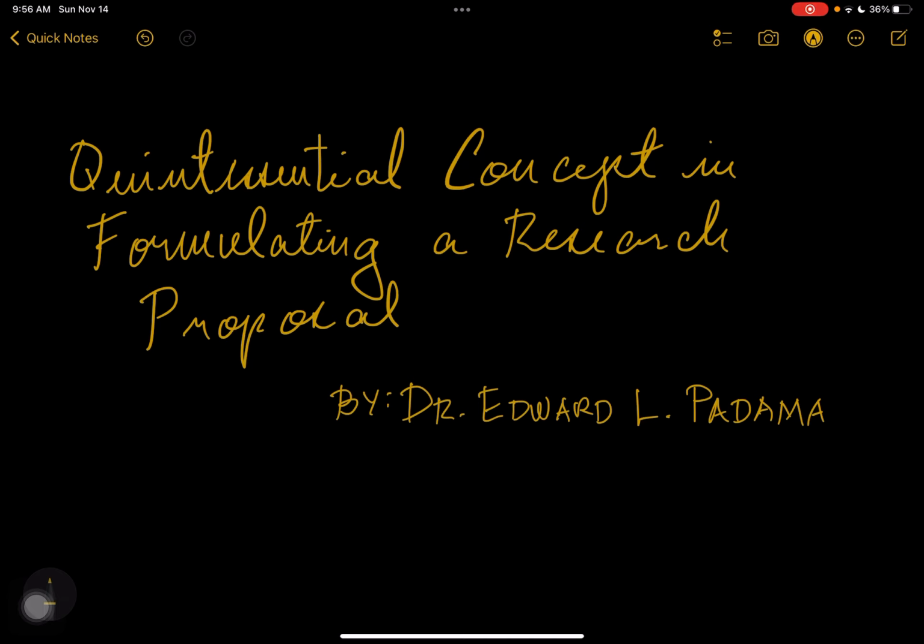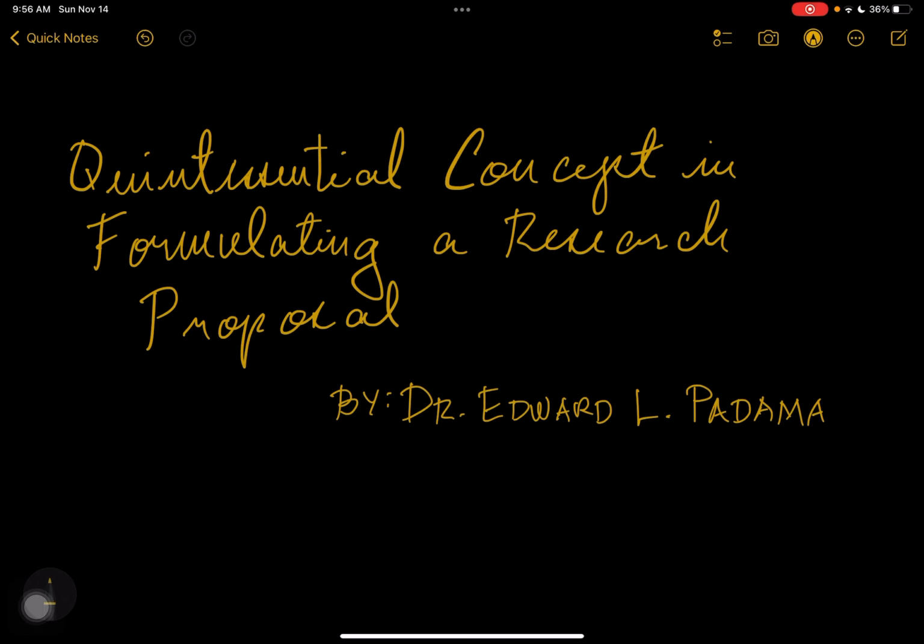So this was formulated today, November 14, 2021, 9:45 a.m. The idea behind this concept is to present essential elements in sequence and in order to facilitate effective formulation of a research proposal framework.